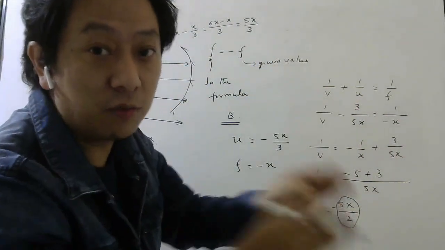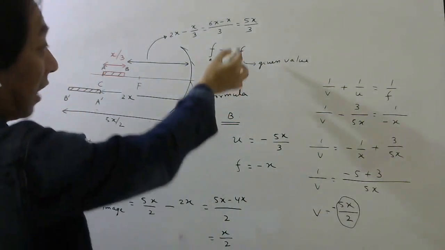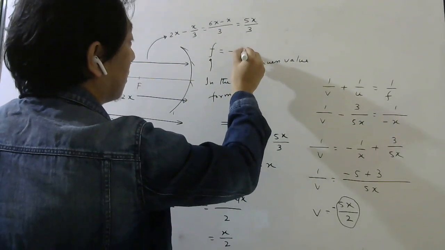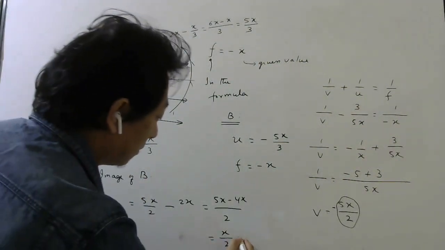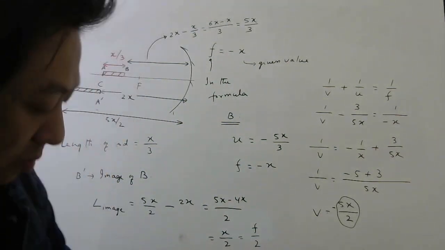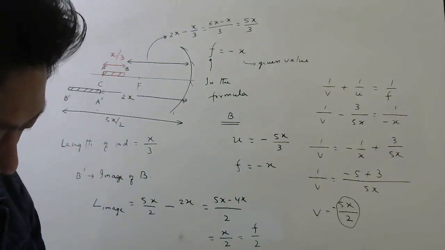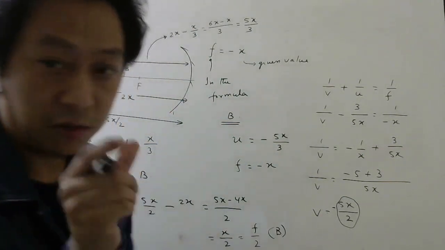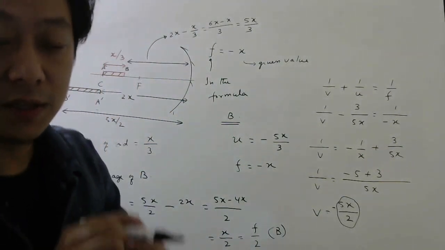While substituting, we have to put it with sign. If I write like this, it may create some confusion. That is why I wrote x. So the final answer will be what? f by 2. So that is the length of the image. Option B.